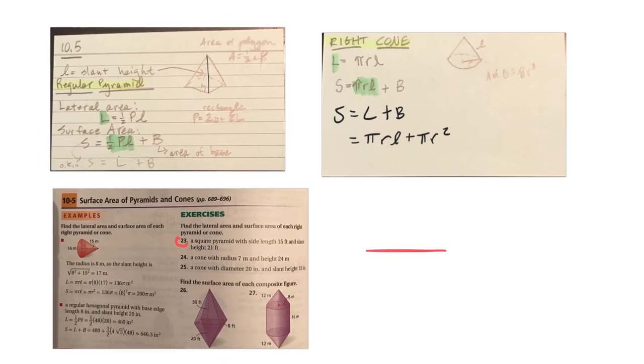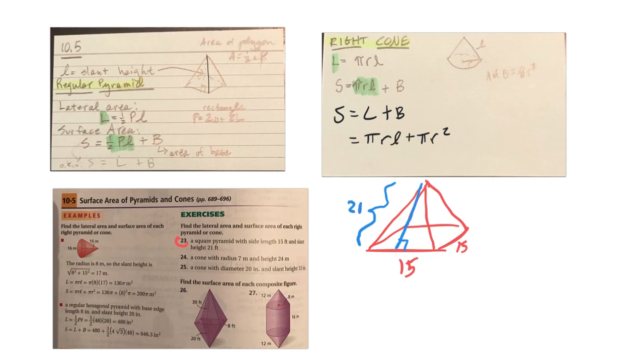It would be something along these lines, right? And with regards to the slant height, I'll draw that in blue. That's this guy right here. And it so happens that the slant height is 21.